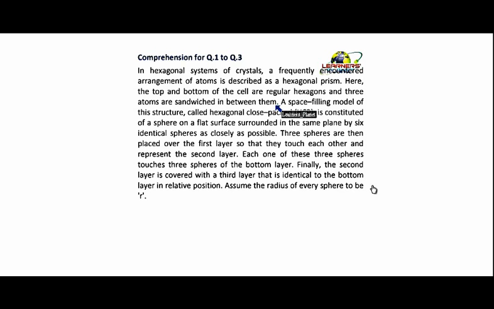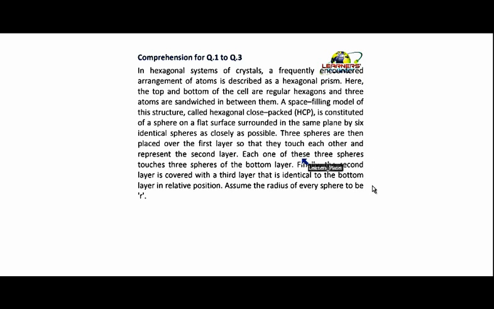You can visualize this. A space-filling model of the structure called hexagonal close packing is constituted of a sphere on a flat surface surrounded in the same plane by 6 identical spheres as closely as possible. 3 spheres are then placed over the first layer so that they touch each other and represent the second layer.